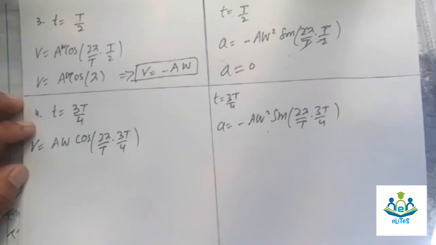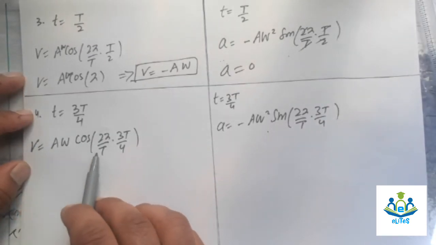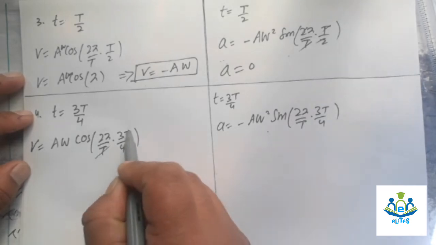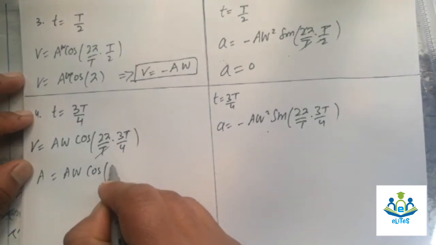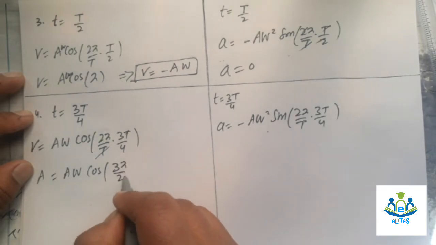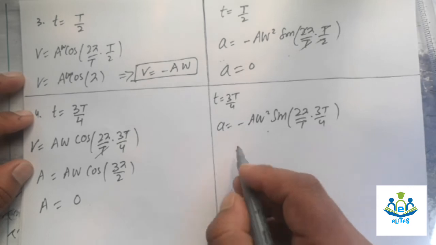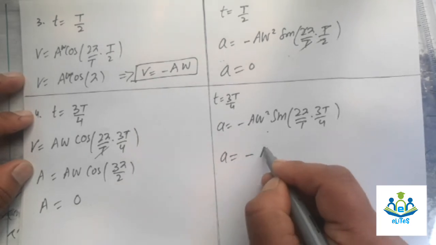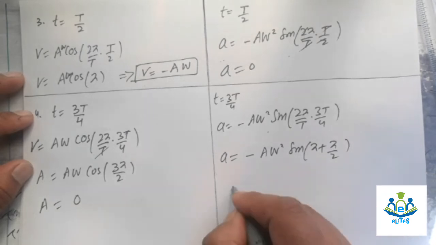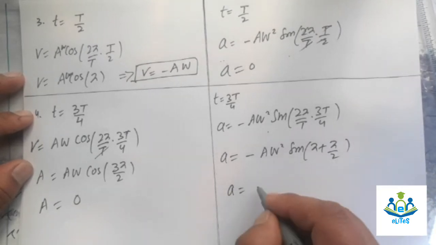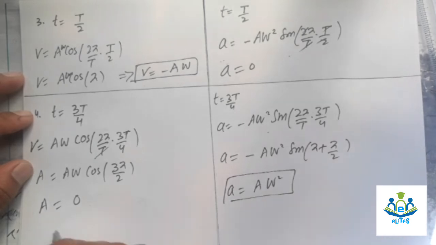Okay. When time is 3T/4, velocity will be a omega cos of 3 pi by 2, so it will be 0. Okay. And now in this case acceleration will be minus a omega square sine of pi plus pi by 2, and this will be minus 1, so minus and minus cancel, giving a omega square, which will be maximum.